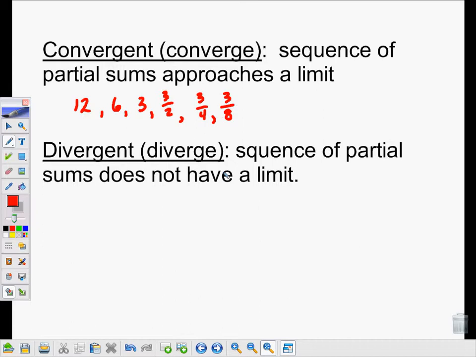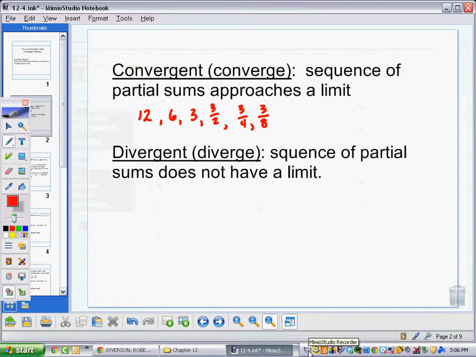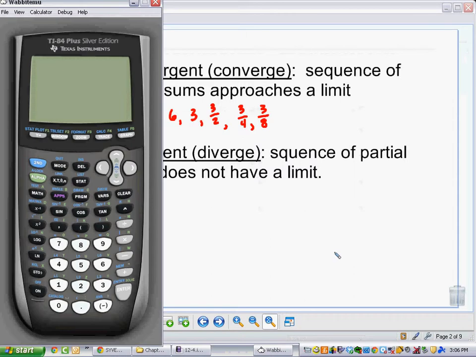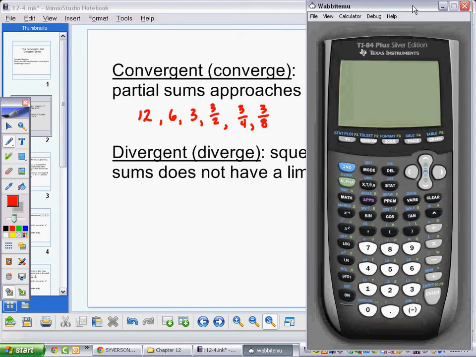If I add all these up and keep going till infinity, we will approach a number. Let's see what that number is here. I'm calling up my calculator so that we can start crunching some numbers and see what's happening here.